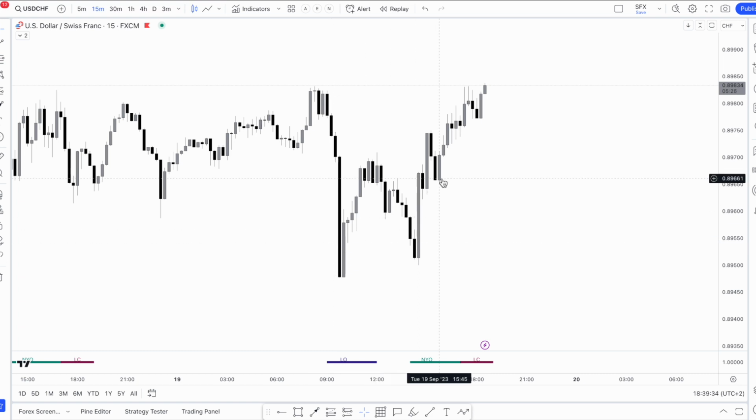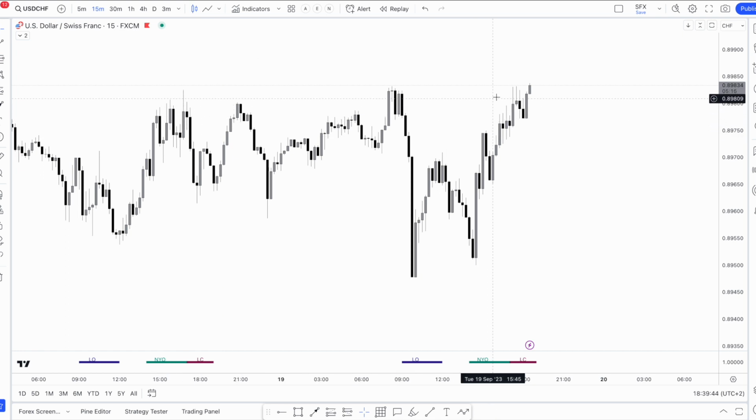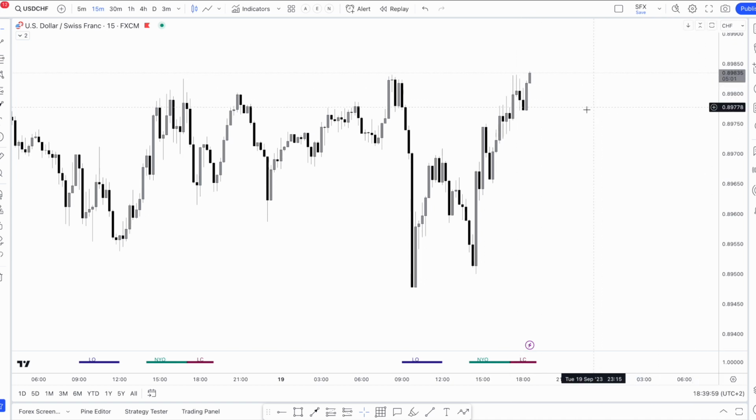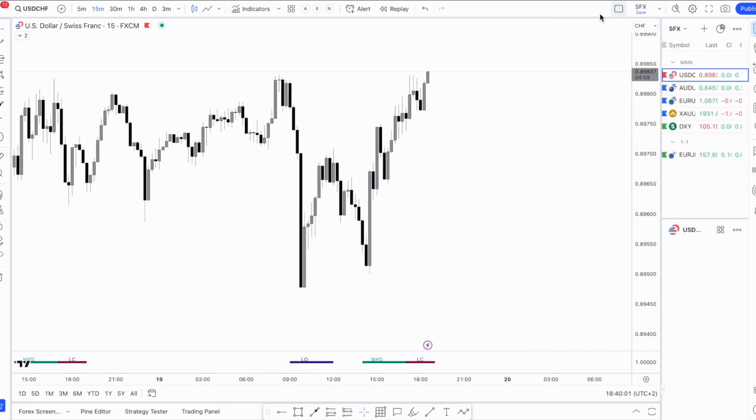If I'm being honest, we do have imbalance to the downside to be covered as on the upside on the Euro USD, so it's like vice versa. But currently I don't see anything worth taking on the Usdchf, so we have to see more price action evidence develop in order to take any trades there. So I'm not going to waste time on Usdchf.